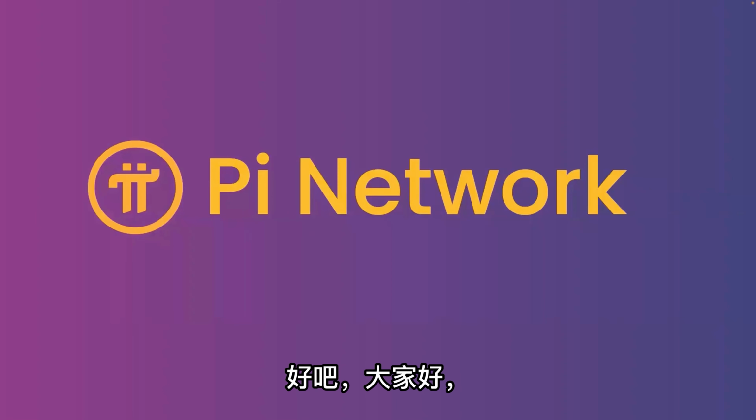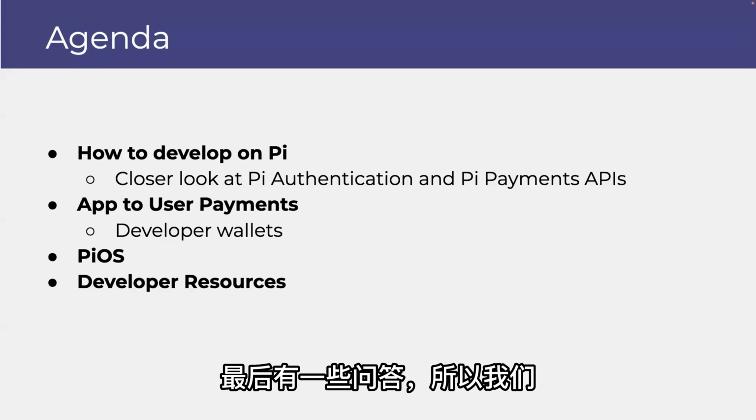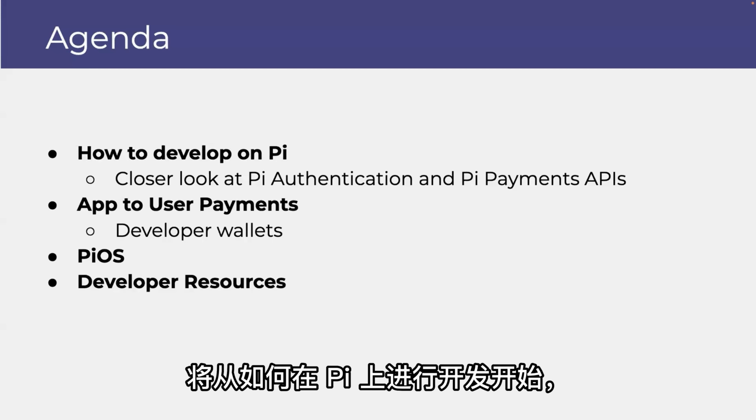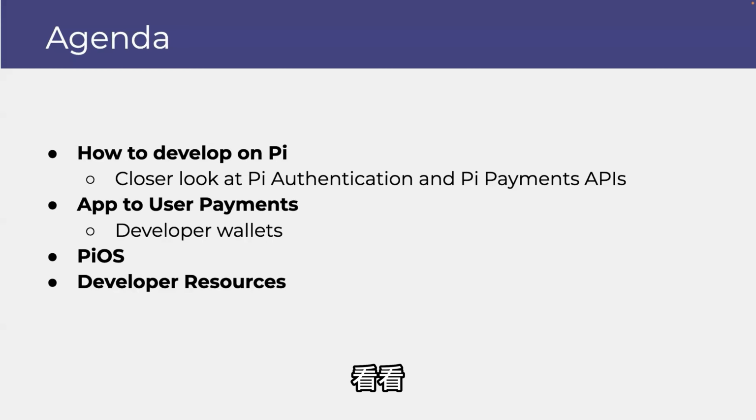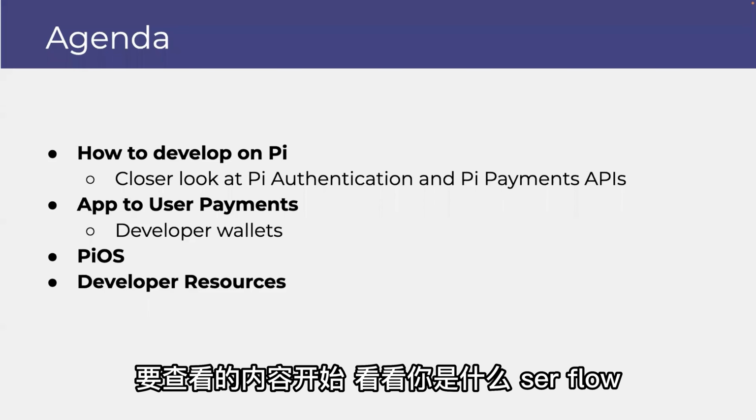All right, hello everyone. Today we're going to go over a few things with the goal to have some Q&A at the end. We're going to start with how to develop on Pi, take a look at what is currently capable with the Pi SDK, and then we're going to see what the user flow looks like.